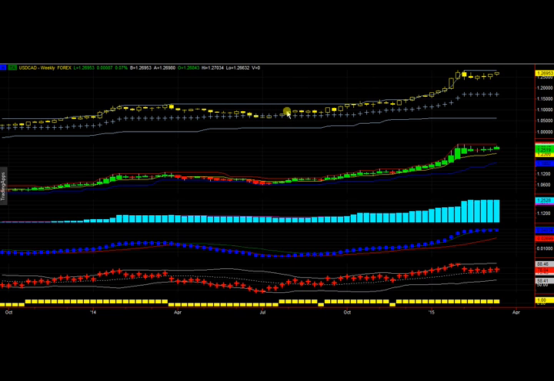So again, we would not look at any point to get long the Canadian dollar unless we saw it get on the right side of the super trend, and the other indicators also change their patterns. So for now, extremely bullish the US dollar versus the Canadian dollar.